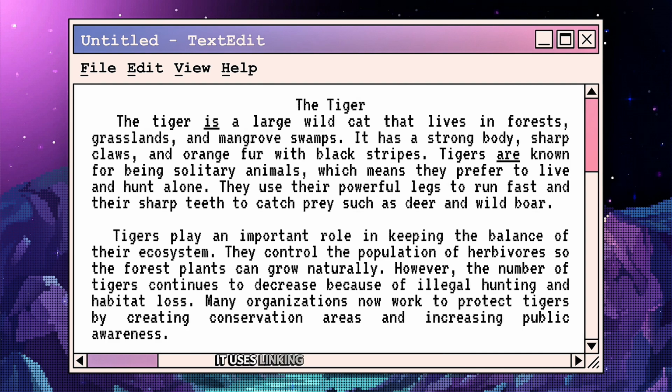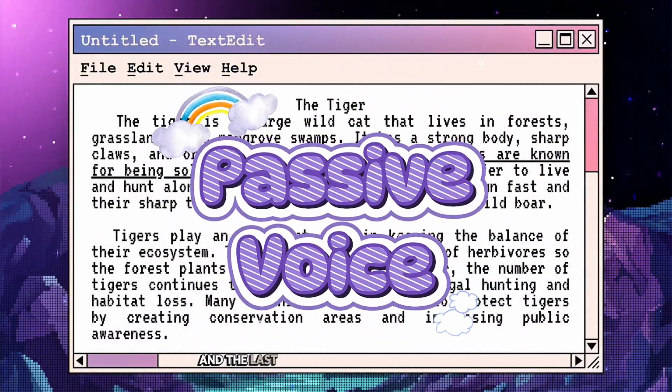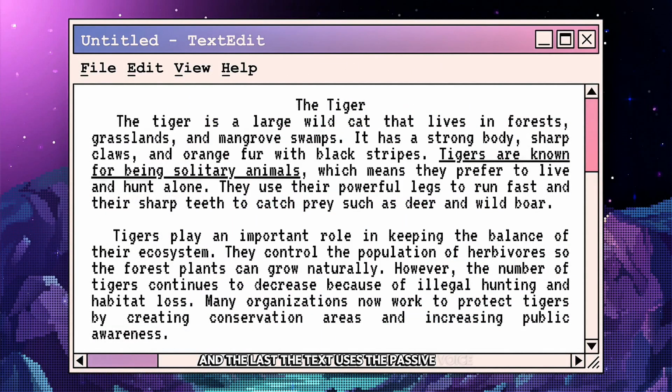It uses linking verbs such as is and are in sentences like, "The tiger is a large wild cat," and "tigers are known for being solitary animals." And the last, the text uses the passive voice to make the information sound formal and objective. It includes a passive structure in the sentence "Tigers are known for being solitary animals," which focuses on the information rather than the doer.